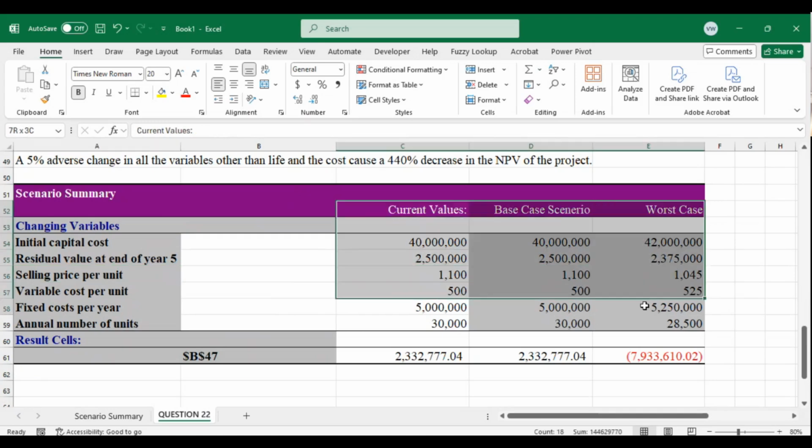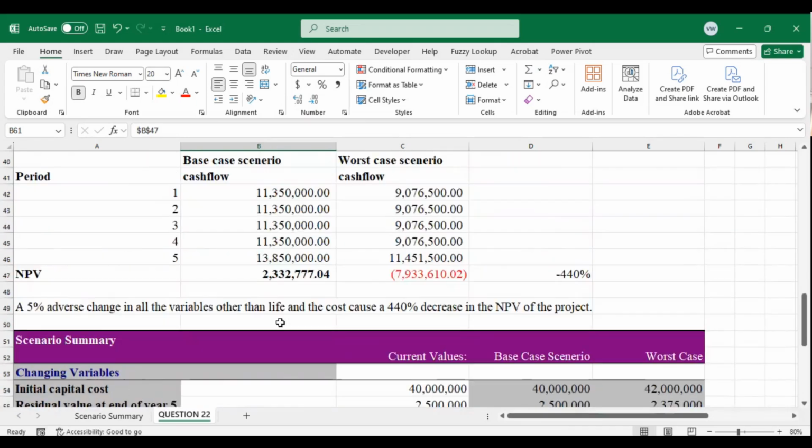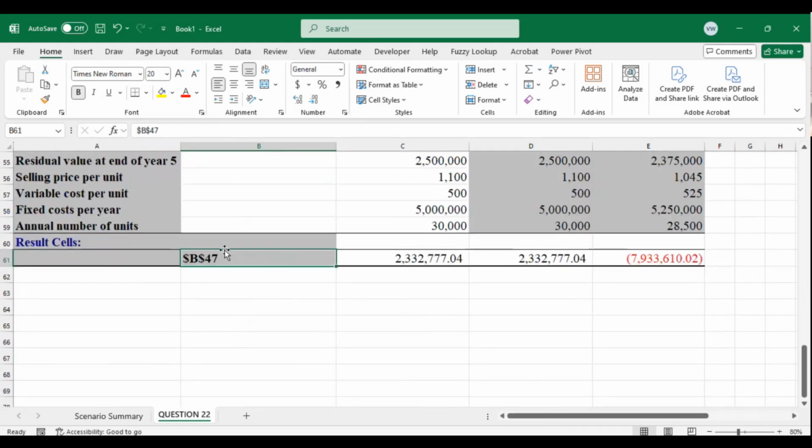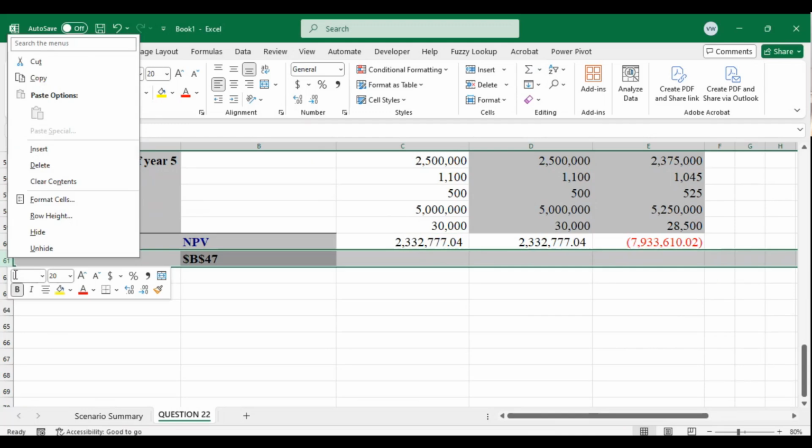Then I can also move these. B47 is actually the NPV. If you go to cell B47, that is our NPV. So instead of saying changing cell, I can just delete this and say net present value, or just NPV. Then I can move these two, move the 3 up, so that I get rid of this because we don't need it.